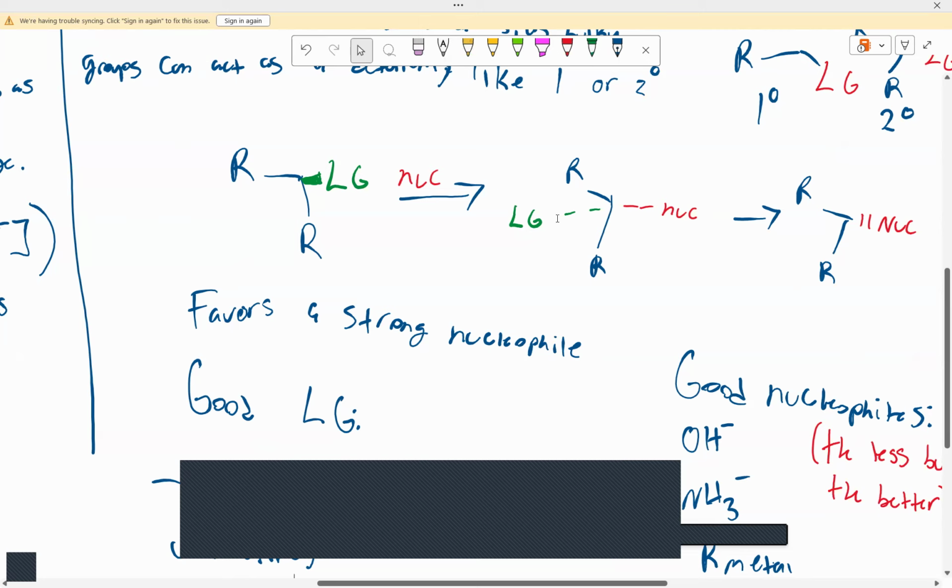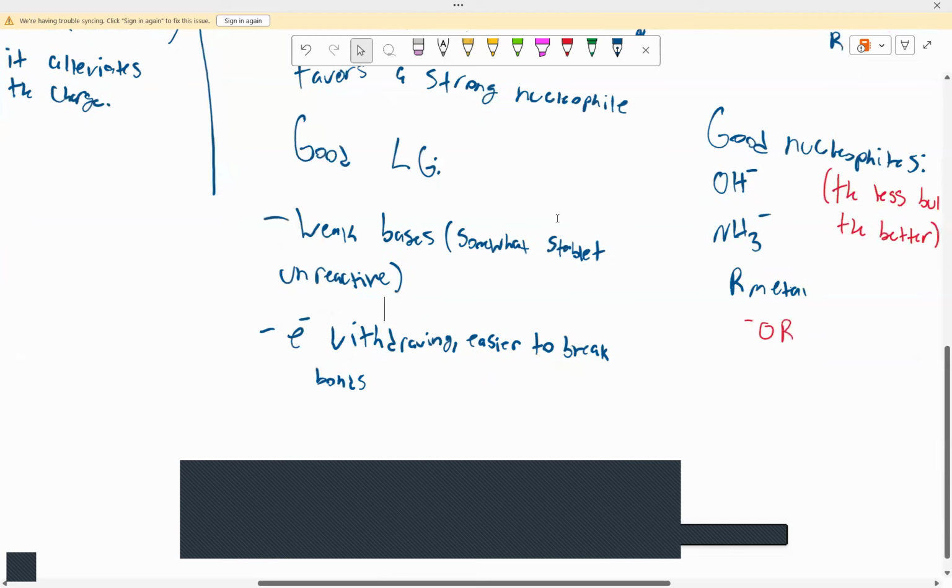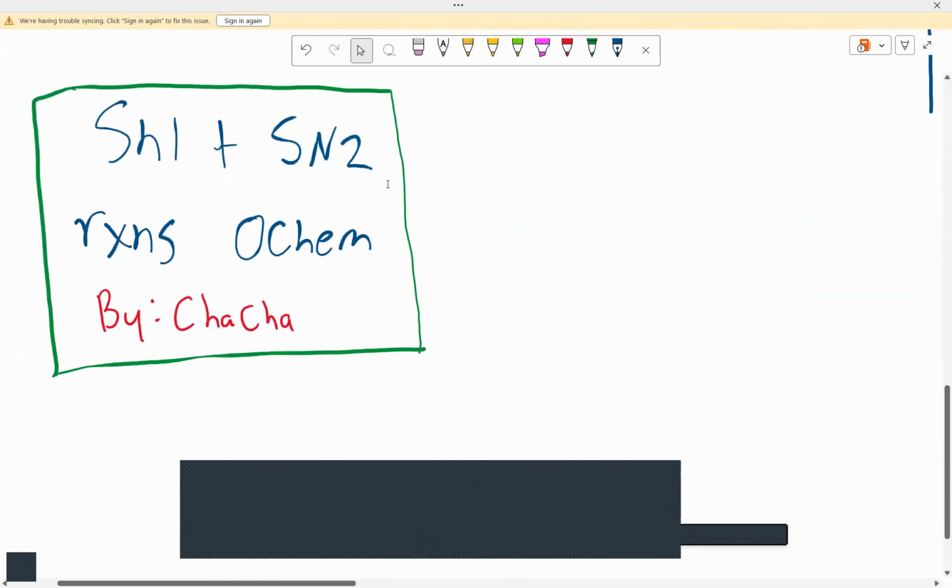And when something's electron withdrawing, it's kind of happy. It has its electrons and it's not going to go after the carbon. Again, that is kind of all I wanted to say about Sn1 and Sn2 reactions.